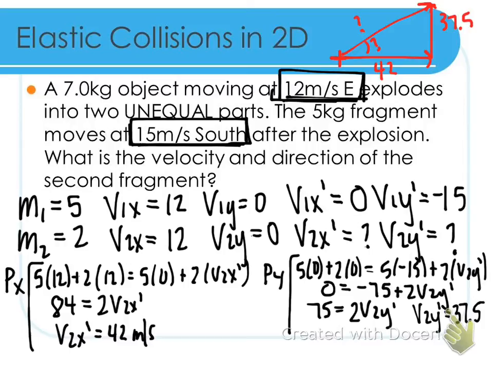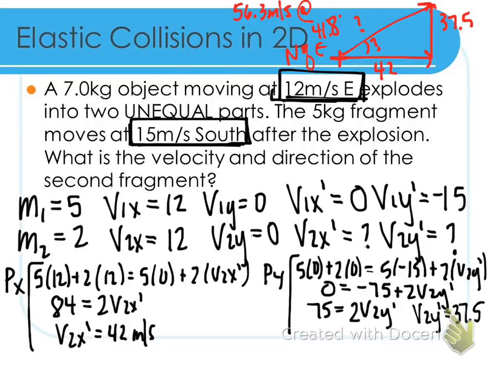Robbie, can you tell me what you got for your final velocity? 56.3 meters per second. Okay. At what angle? 41.8 degrees north of east. Did you do north of east or did you do east of north? North of east. Okay, perfect. So we agree 41.8 or about 42.